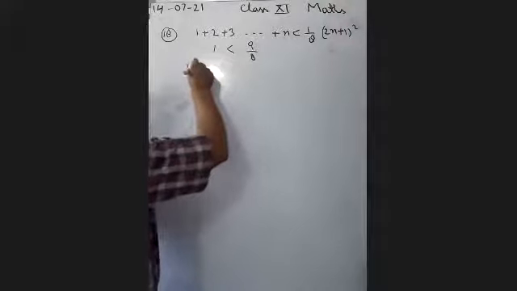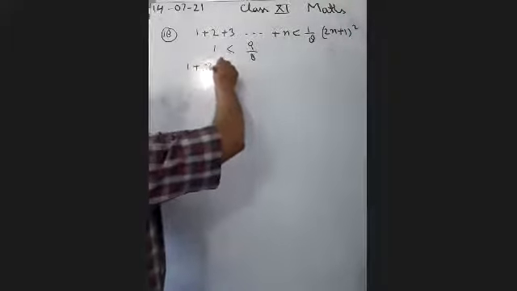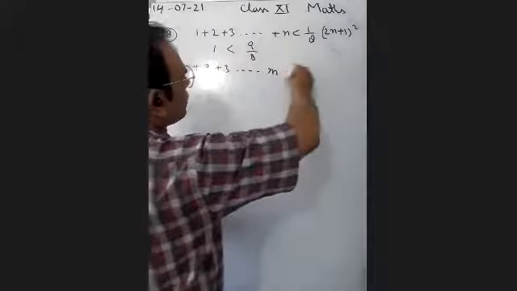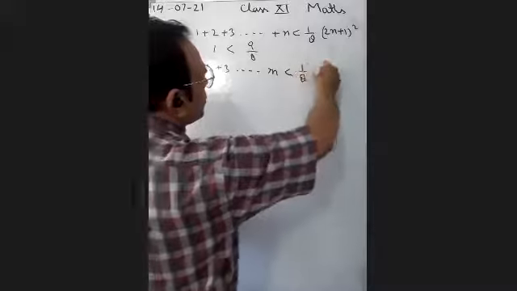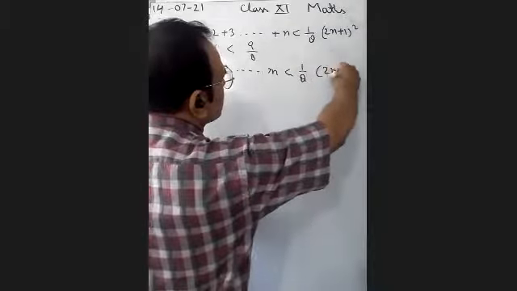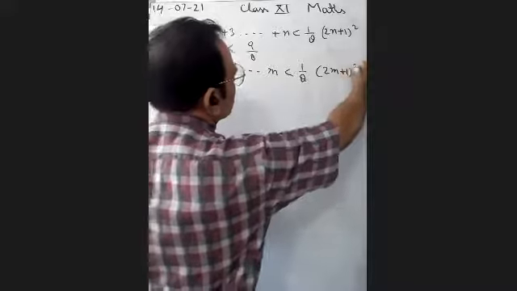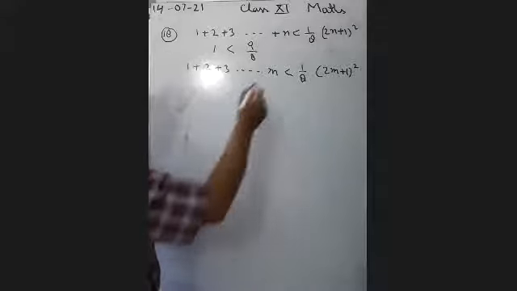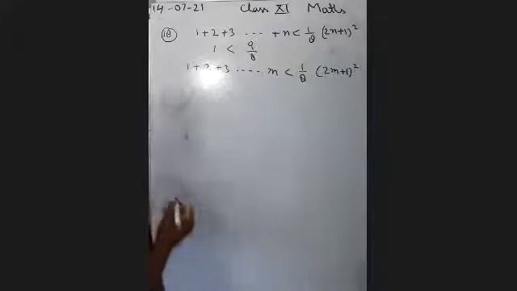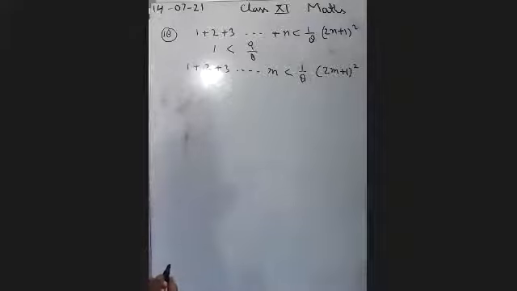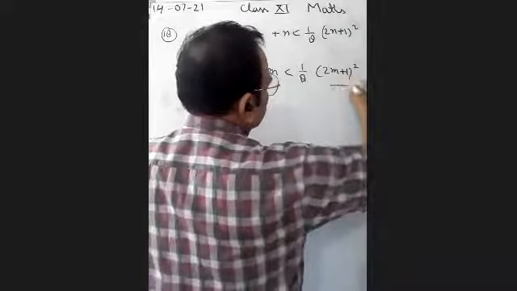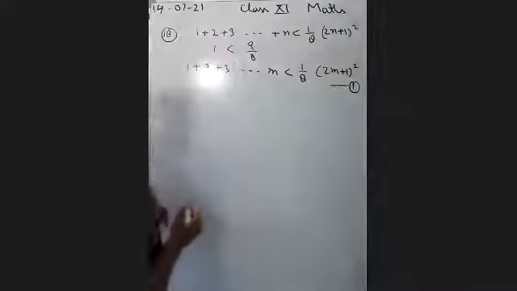Now let us suppose it is true for n equal to m. So 1 plus 2 plus 3 plus up to m is less than 1 upon 8 into 2m plus 1 whole square. We have assumed it is true for n equal to m.